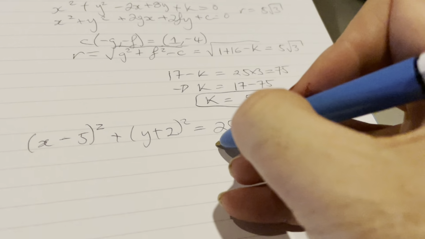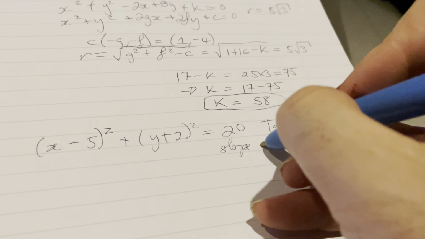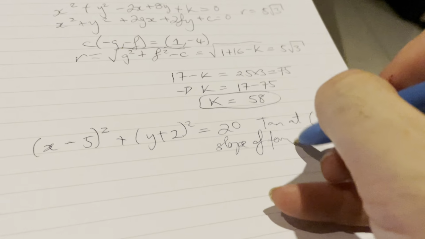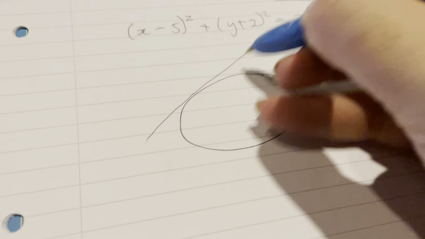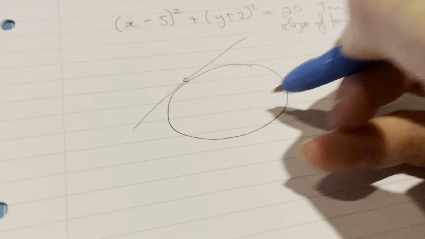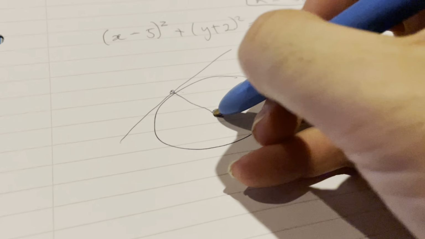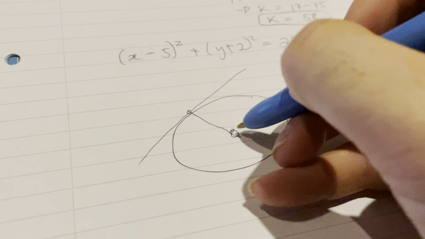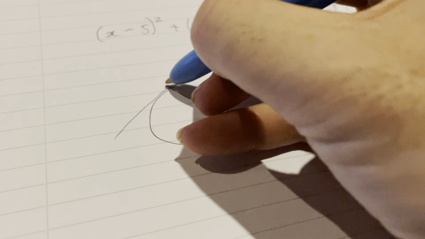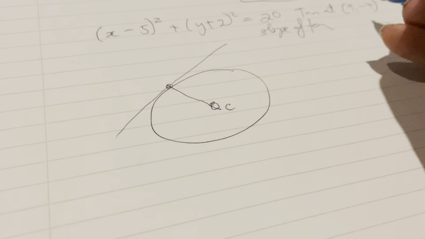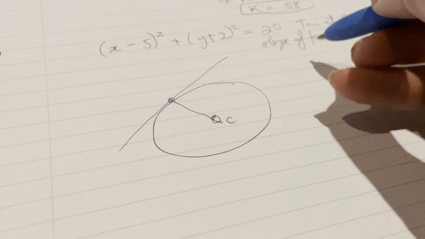Find the slope of the tangent. Well, quick sketch. A tangent, by its nature, has to be perpendicular to the line from the center to that point.